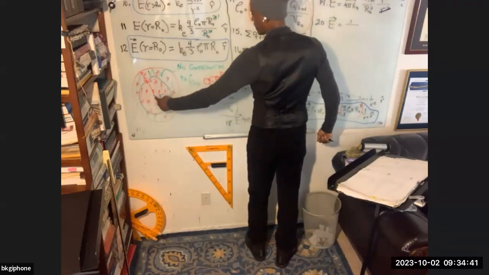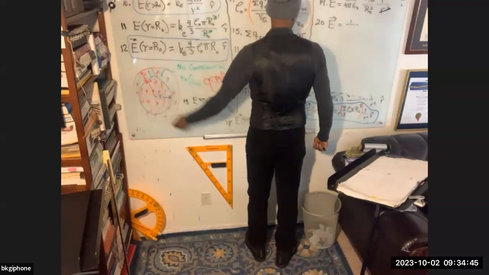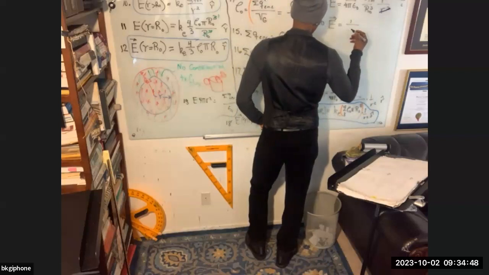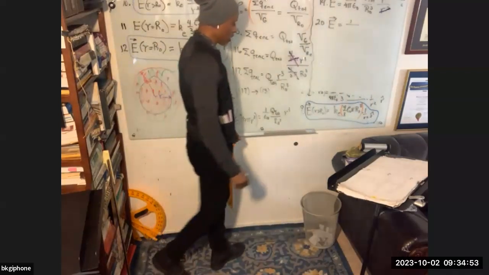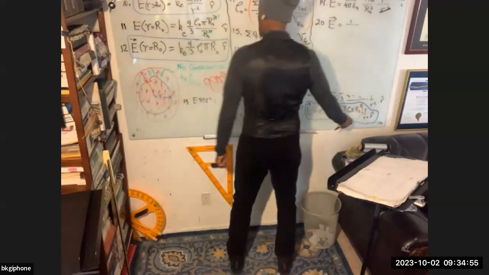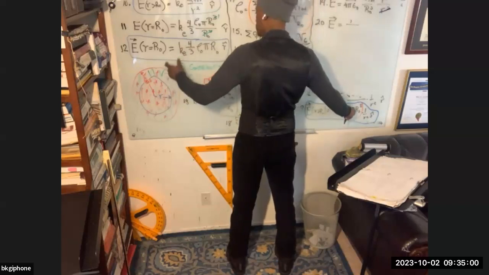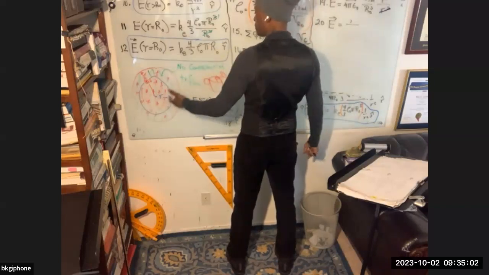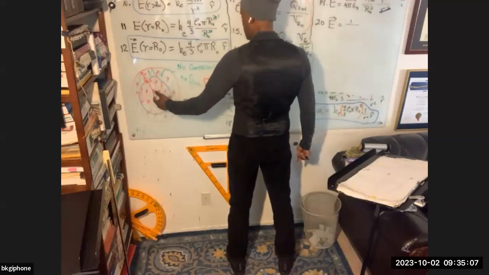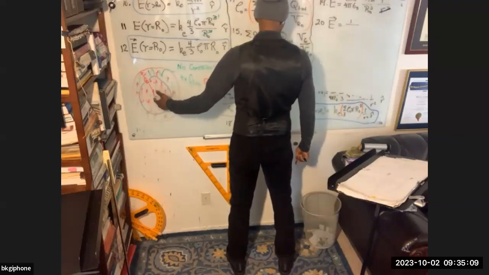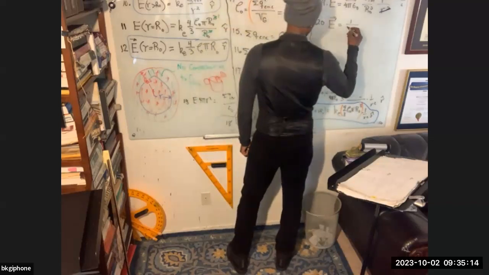At that point, you can't enclose any charge for an infinitely small point, so according to Gauss's law, if the charge is 0, then the field should be 0 there. But for all those other solutions, those solutions don't lead to what the field is. Basically, we get an infinite electric field because we're dividing by 0, right? Remember, this is the variable, 1 over r squared. But here, that works out.